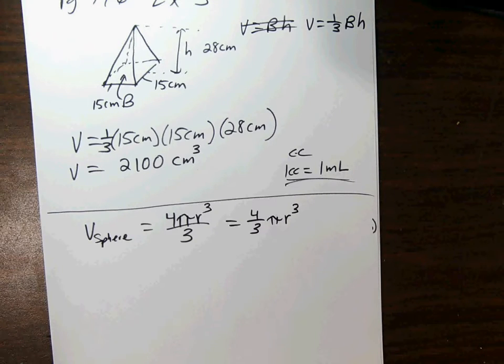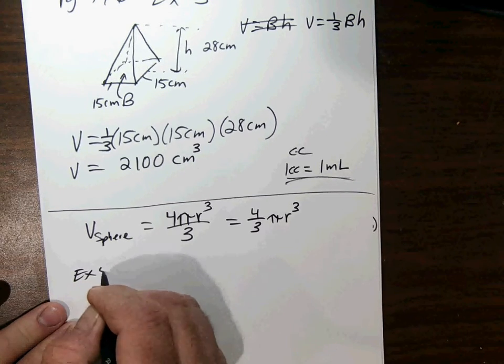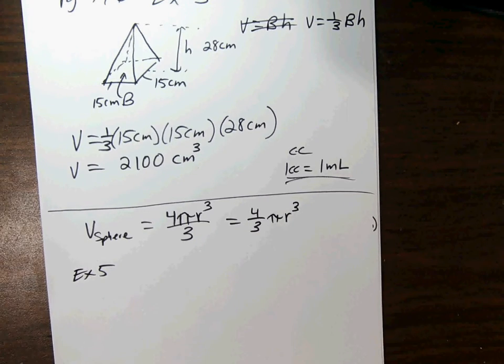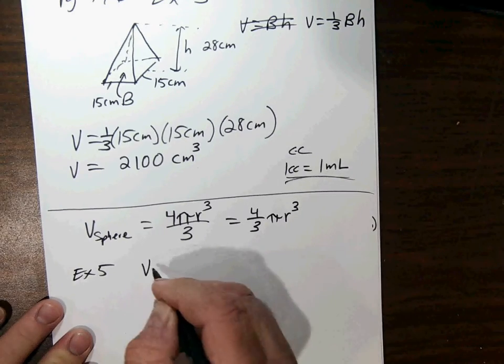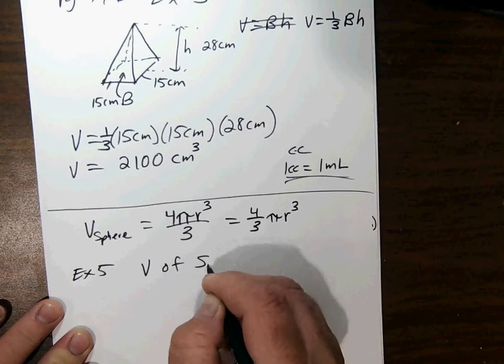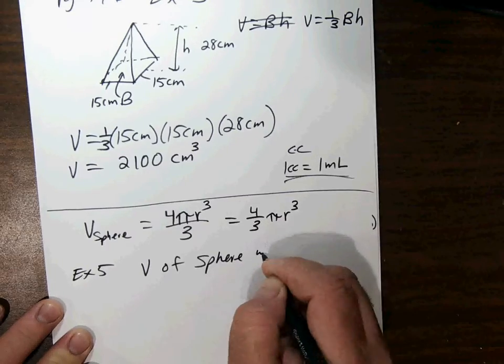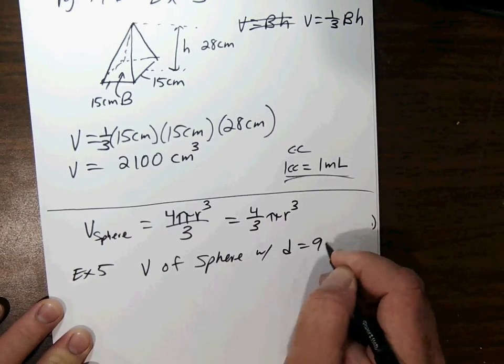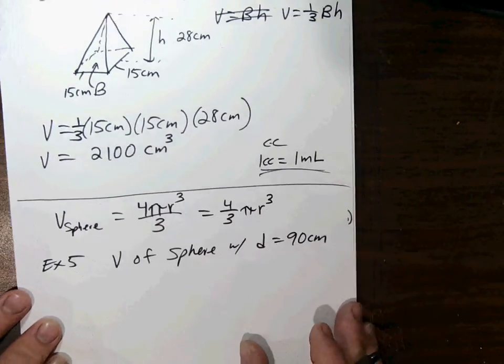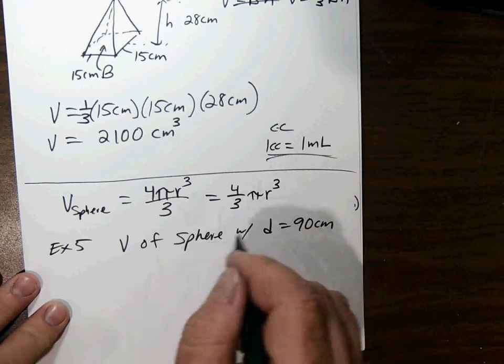Example 5 says find the volume of a sphere that has a diameter of 90 centimeters. Now we could rewrite this formula for diameter.